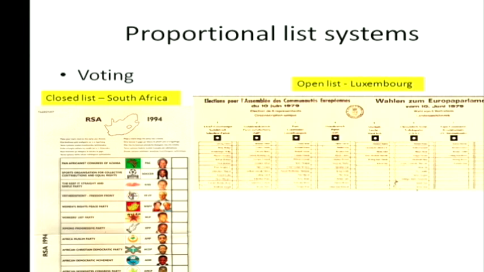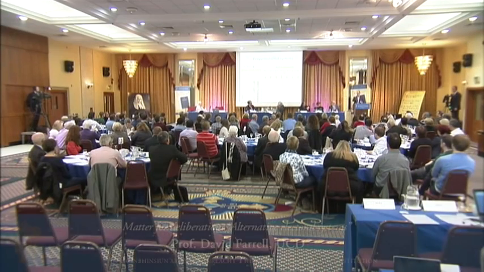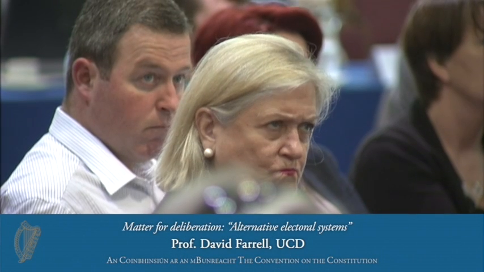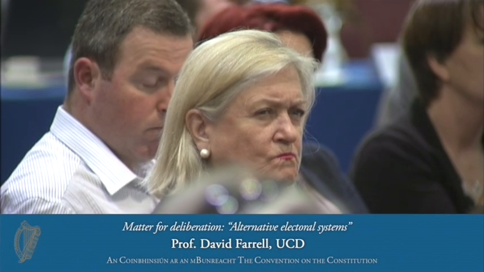And all you as a voter are doing is putting an X in the box next to your preferred party in the closed list system. And then it depends on what order the candidates have been listed by the party that determines who gets elected. So now if you're a prospective candidate, your focus is on trying to make sure you're put as high in the list as possible.